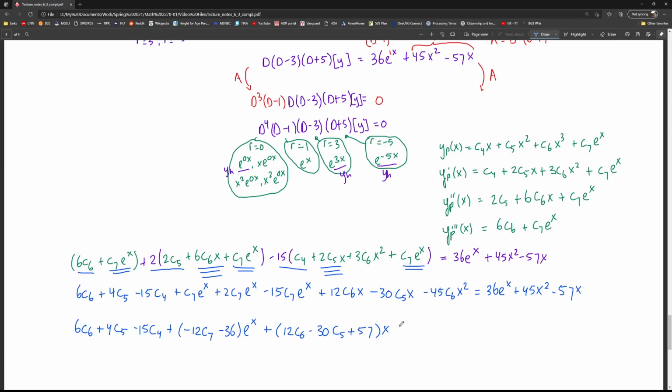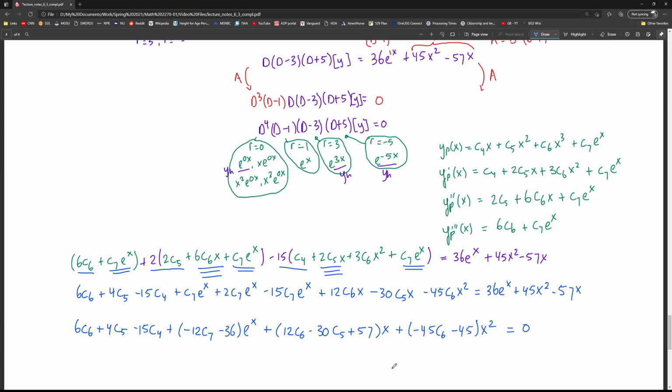And then finally, the last part is we have negative 45c6, and then minus 45 times x squared. And then the right-hand side is completely equal to 0.